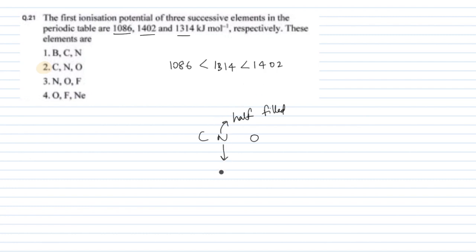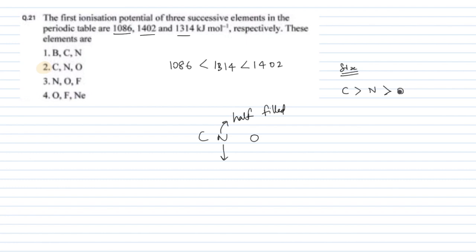So nitrogen should come in the middle, and the rest of them you will know, like you know that ionization energy increases with decrease in size, right? As the size decreases, it increases. Oxygen is smaller in size than carbon. So if you look at the size, it goes like carbon is biggest in size, then comes nitrogen, and then comes oxygen.